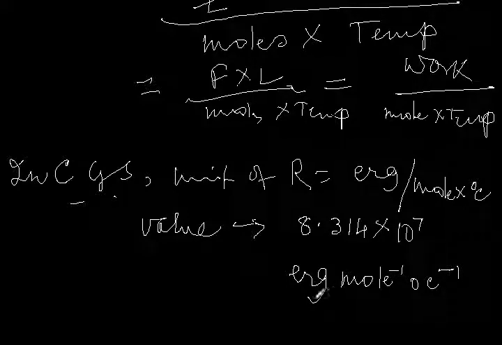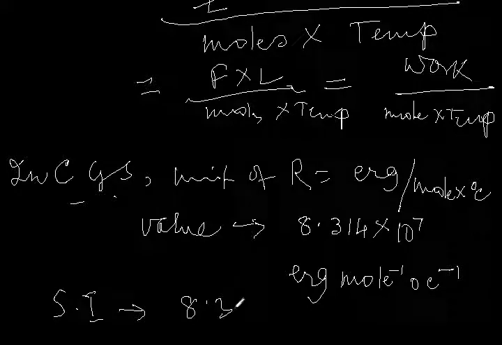If the CGS unit be erg per mole per degree Celsius, then the SI unit will be Joule mole inverse Kelvin inverse. Instead of erg, we can write Joule, and mole is the unit of quantity of substance, and temperature in Kelvin. Its value can be obtained by dividing the CGS value by 10 to the power 7, because you know 10 to the power 7 erg equal to 1 Joule.